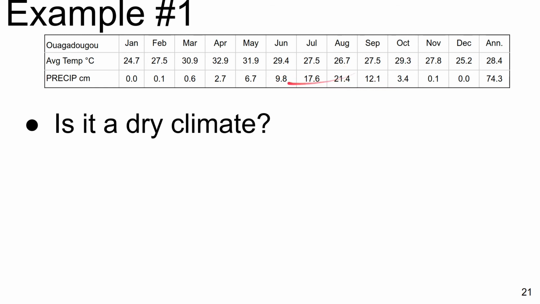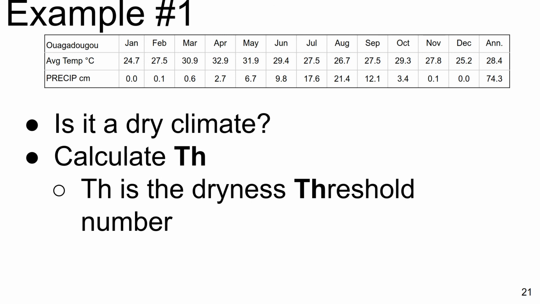Looks like probably some sort of monsoon maybe because of how much rain falls in the summer, and it looks like dry in the winter. But before you can get to the tropical climates, you got to check to see, is it a dry climate? So, step 1, calculate TH. TH is the dryness threshold number. Get it? Threshold.